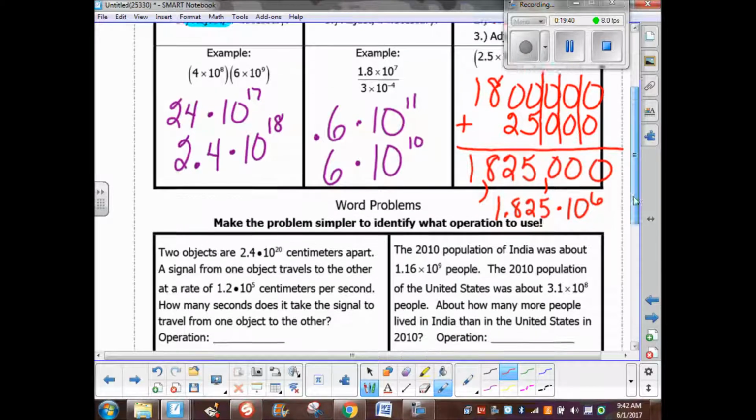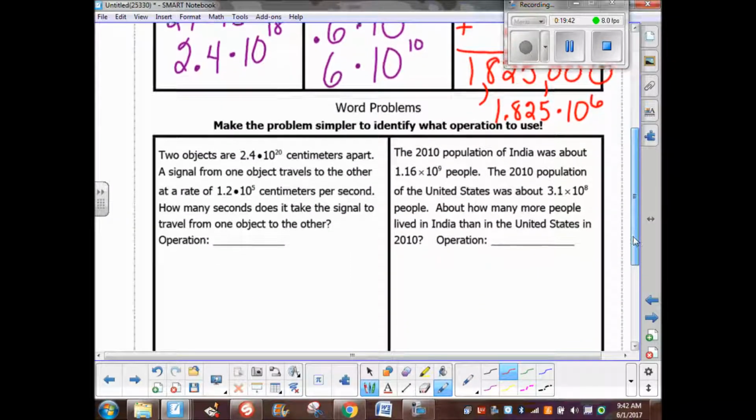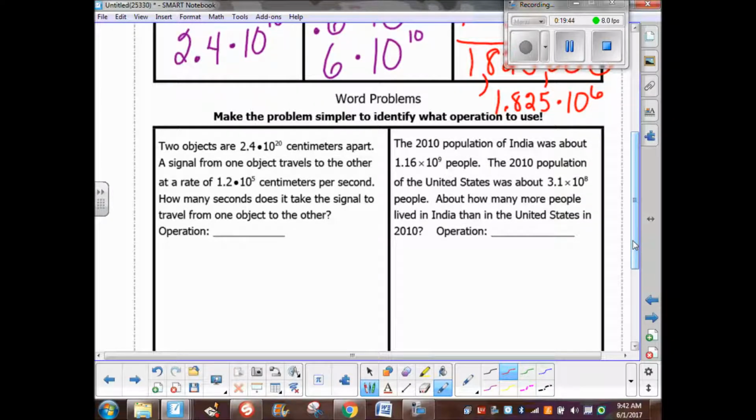All right. Read over that first word problem and tell me, is it add, subtract, multiply, or divide? Lily, what is it? It's division.